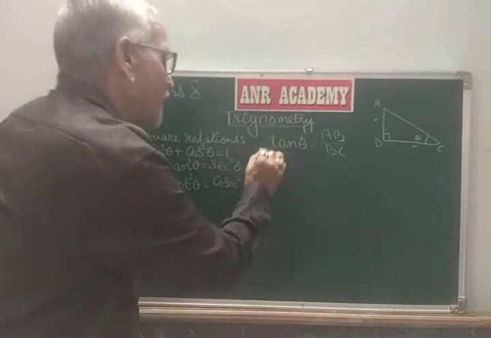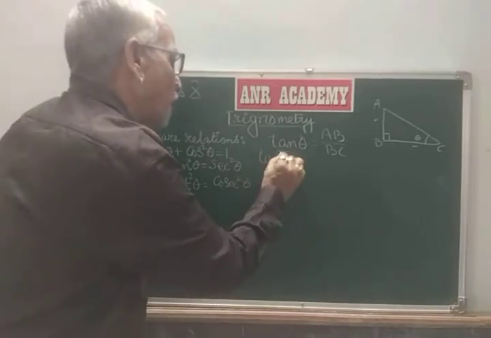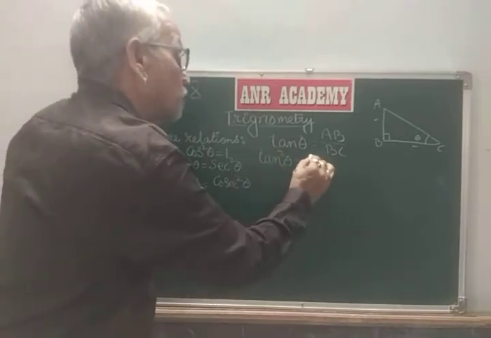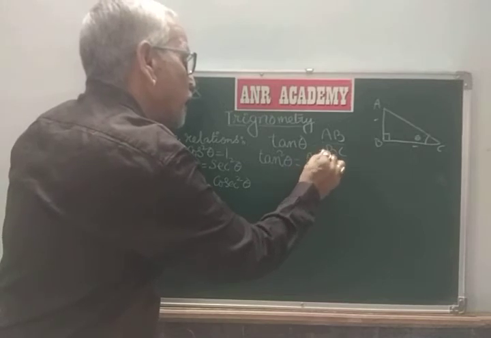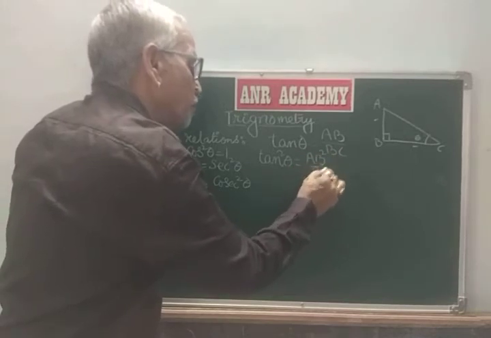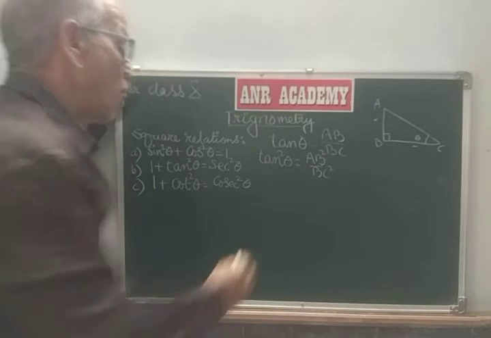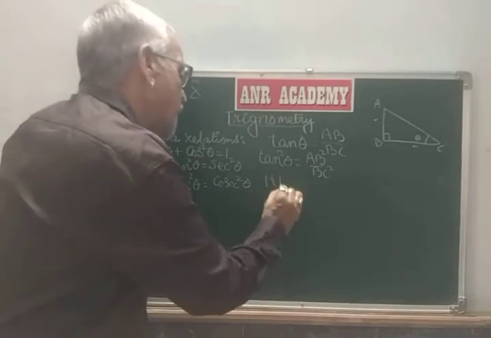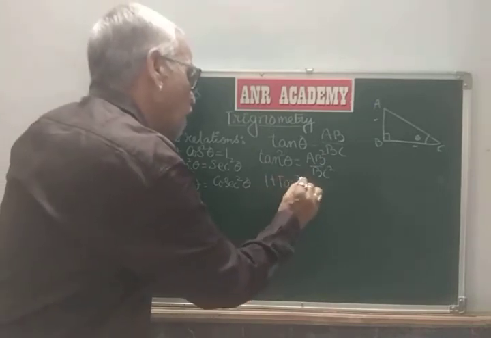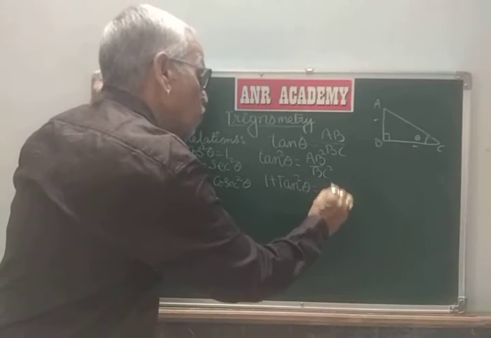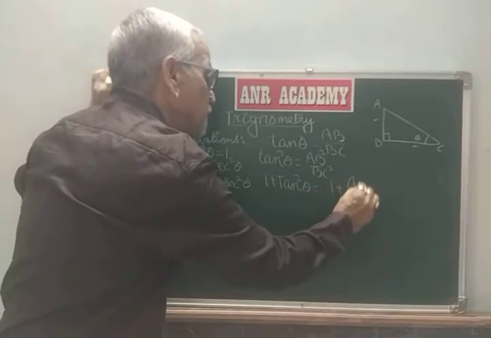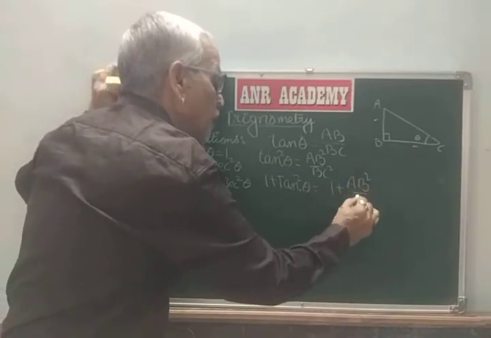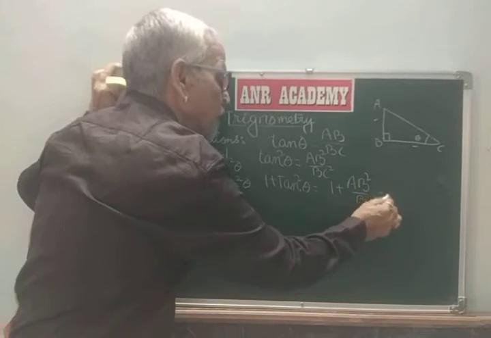So tan square theta is equal to AB square by BC square, so 1 plus tan square theta is equal to 1 plus AB square by BC square.